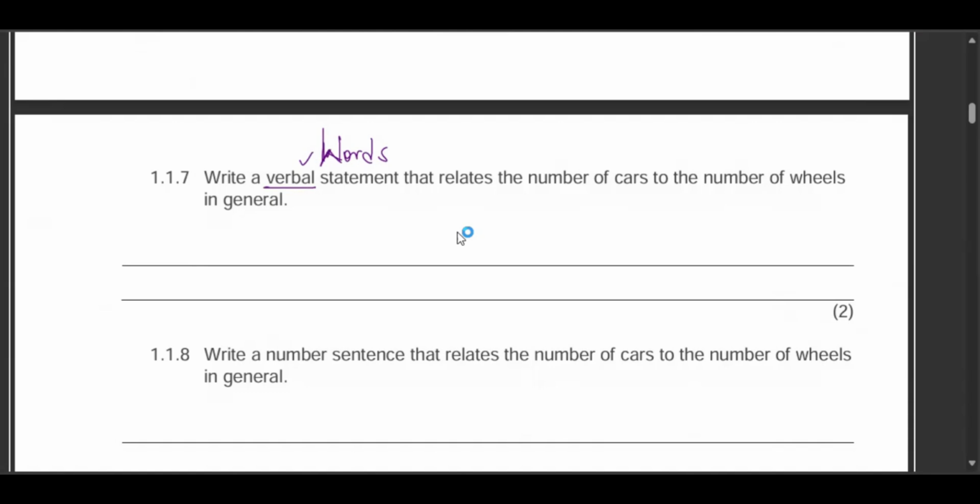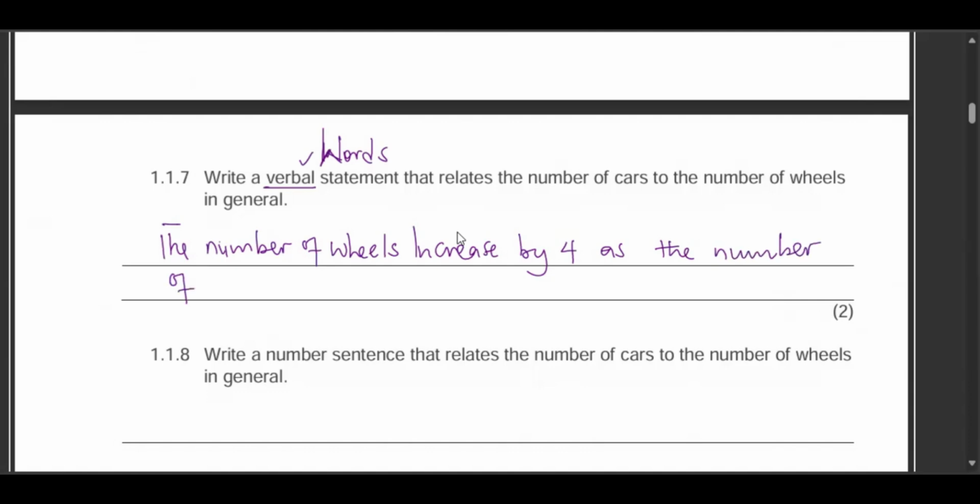So you can say here, the number of wheels increases by 4 as the number of cars increases by 1.